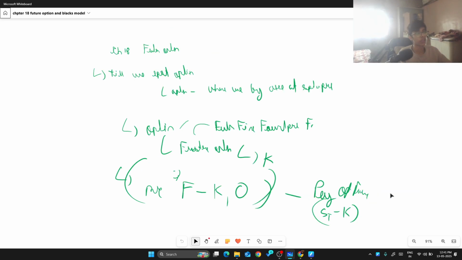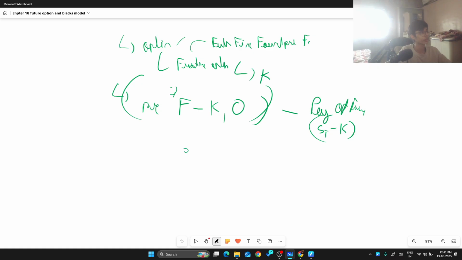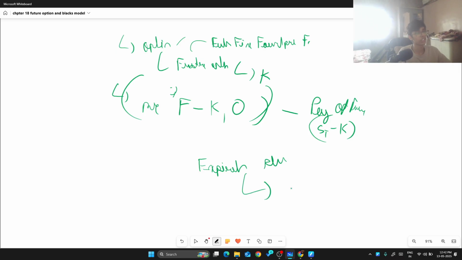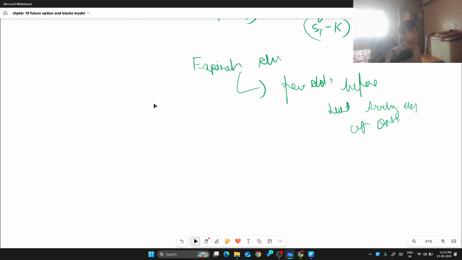Now let's talk about the expiration date of a futures option. The futures option expiry date is a few days before the last trading day of the futures. Let's take a timeline. There is an expiration day, a last trading day, and then the delivery month.